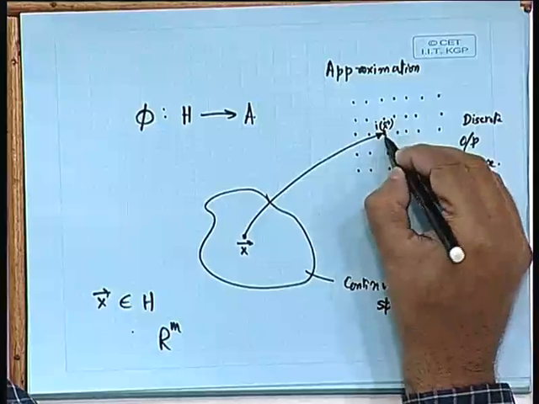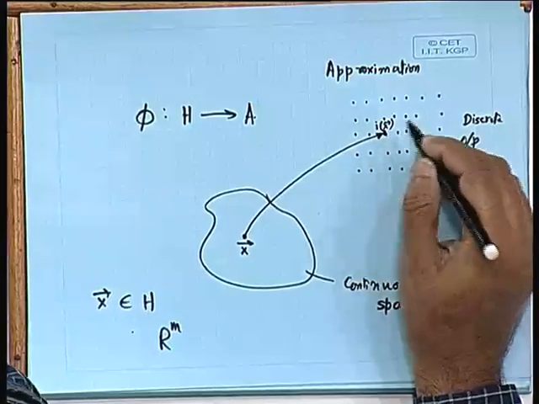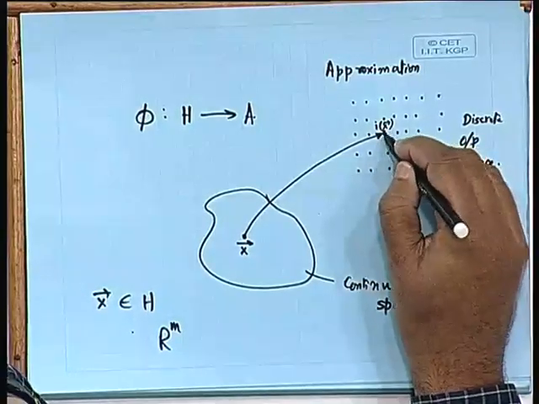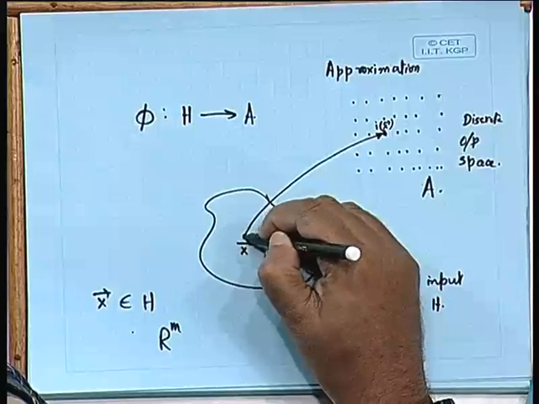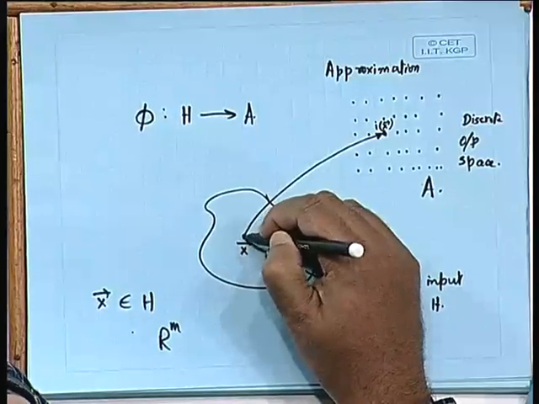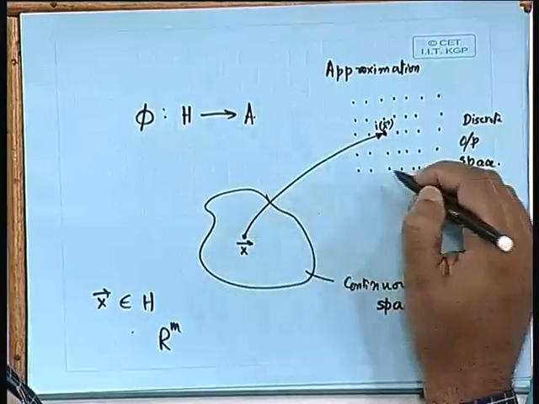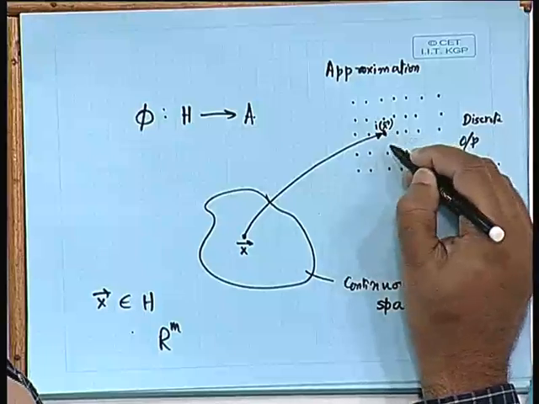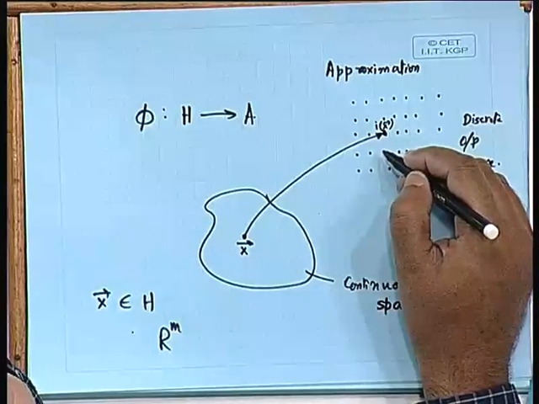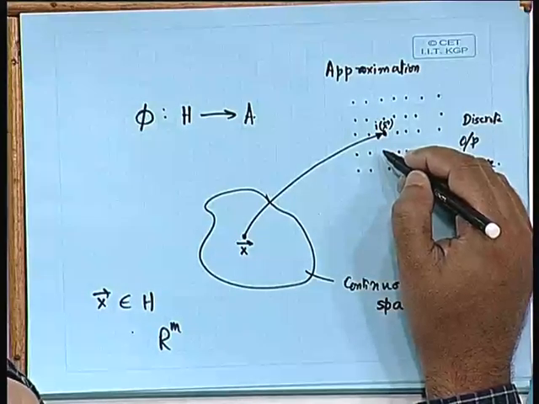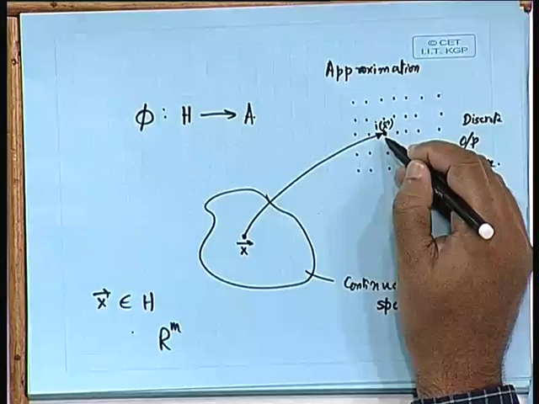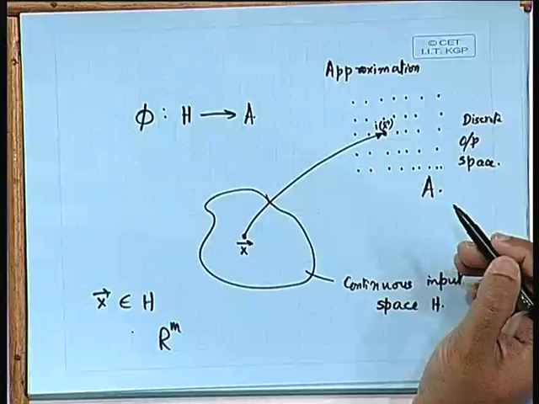Now, Ix is the winner, and Ix's position is arranged as close as possible to that of the x vector. Now, if using this Ix I try to do a reverse mapping, that is, from the discrete output space map back to the input space, given this point Ix, will I come back exactly to this x vector?